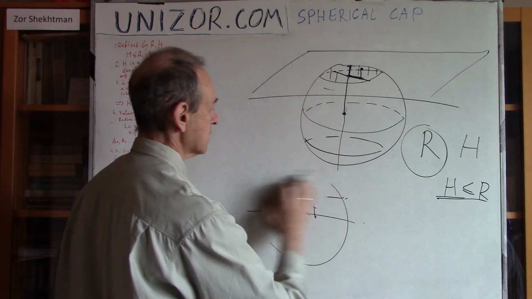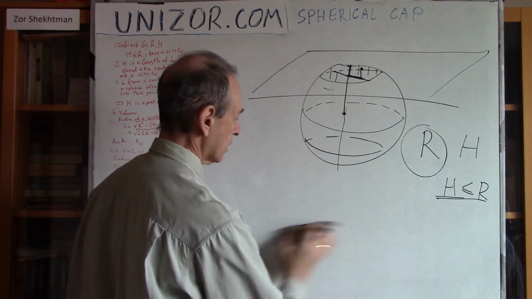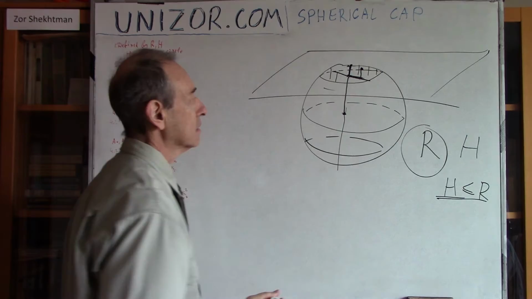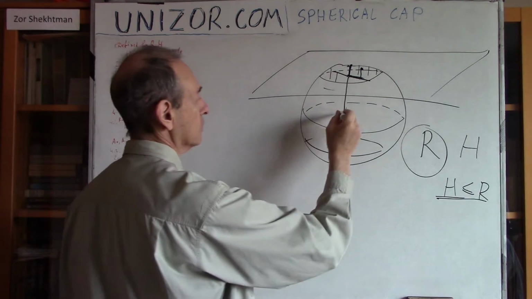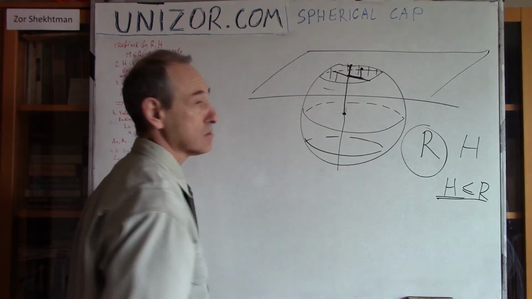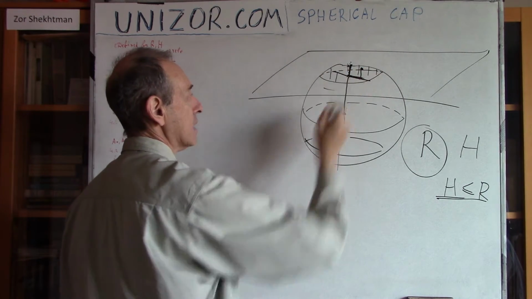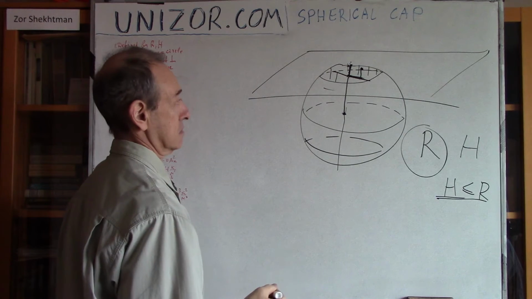That's easy. So what I'm actually talking about right now is that the top of the dome, the one which is a continuation of this radius, is the point from which the distance to the base is the biggest, the longest.